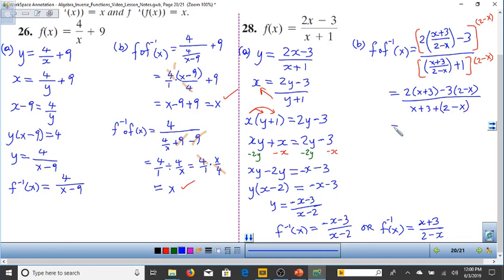Simplifying, we end up with 6x plus 6 minus 6 plus 3x. And in the numerator that's 2x plus 6 minus 6 plus 3x. And in the denominator, we have x plus 3 plus 2 minus x.